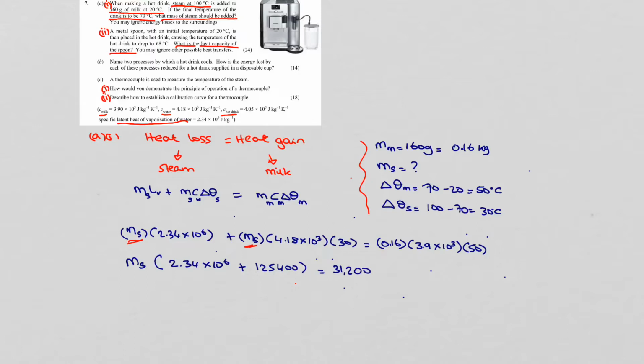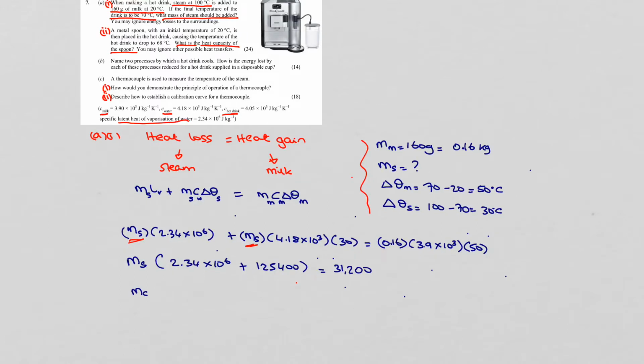31,200. So on the left hand side, then we have the mass of steam times 2.4654, and that's by 10 to the power of 6 equals 31,200.